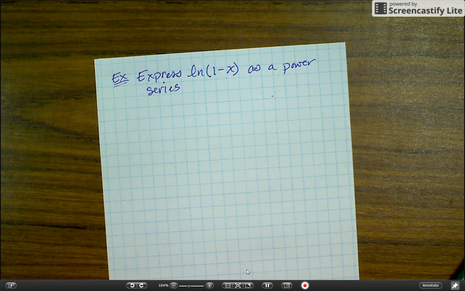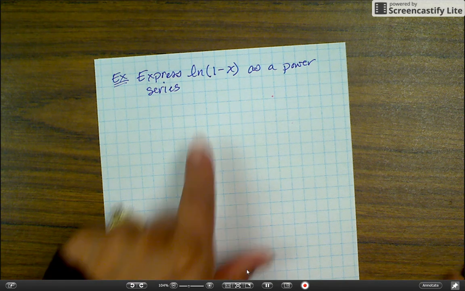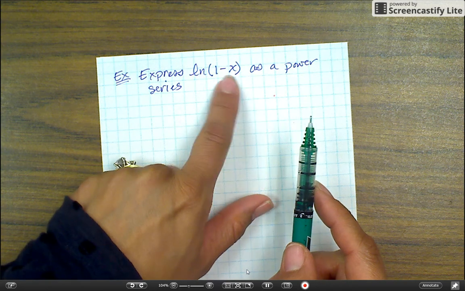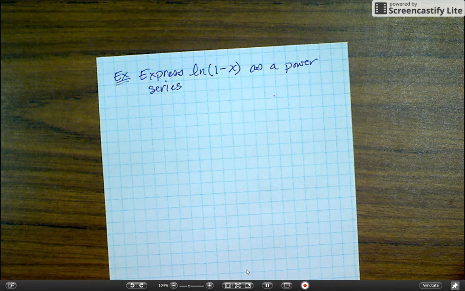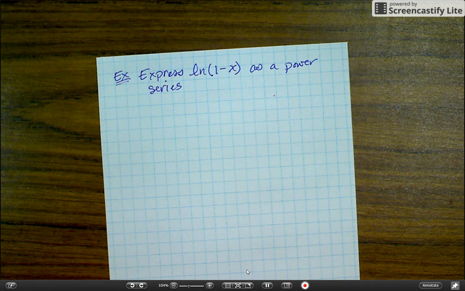Okay, this time we're going to do the antiderivative, because if we look at this, we know its derivative is 1 over 1 minus x, but negative, right?